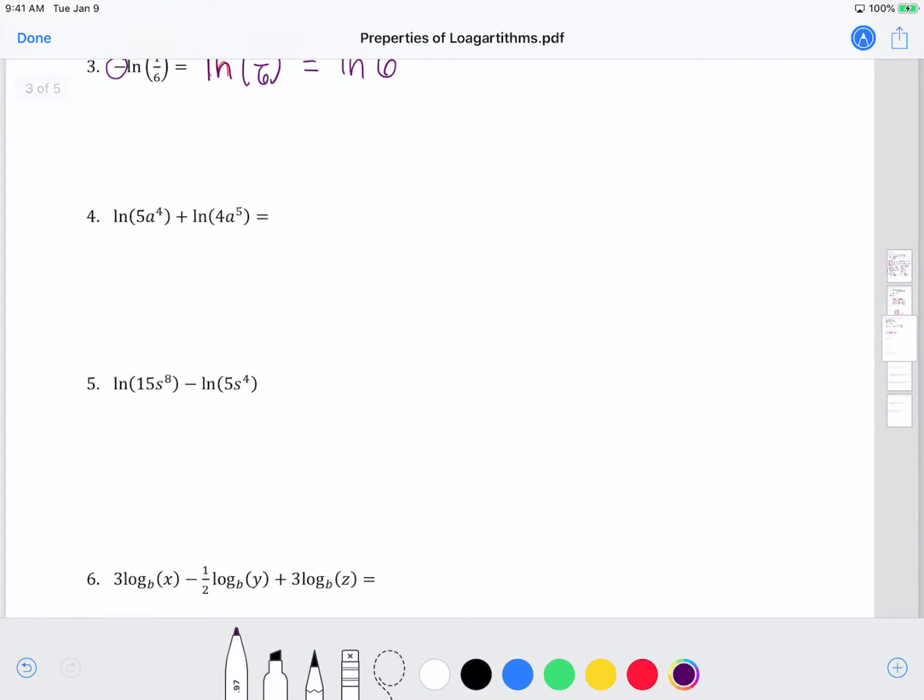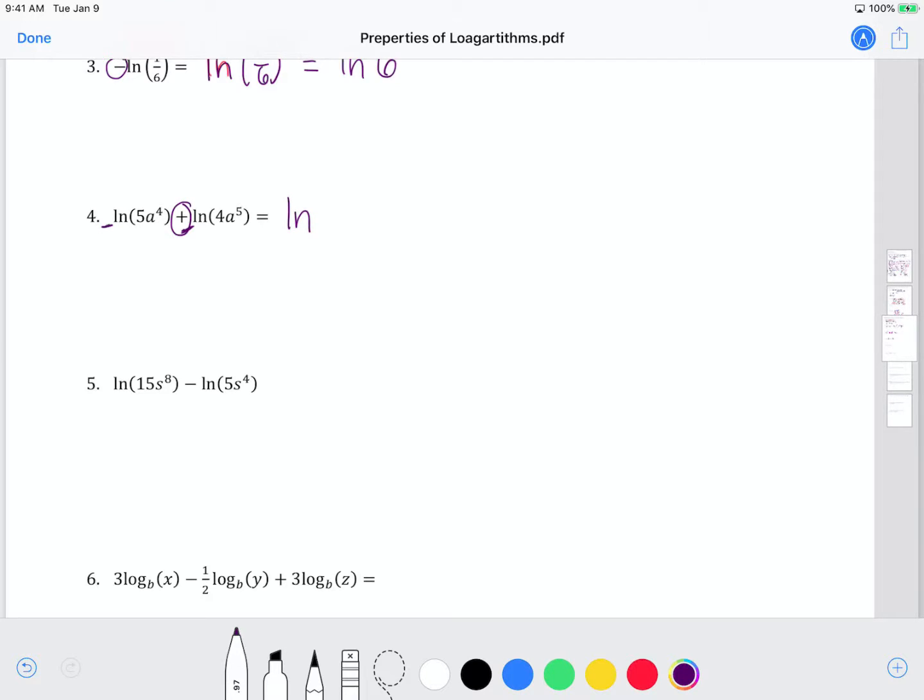Okay, in example 4, I don't have any coefficients in front that I need to bring up as an exponent. So the next thing I do is use the quotient and the product rule to combine multiple logs into one log. Since this is an addition problem, I'm going to use the product rule, and I'm going to make this one log.